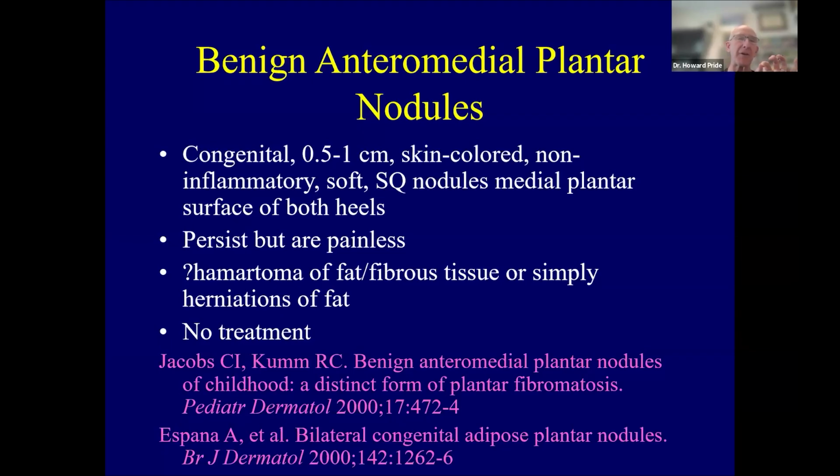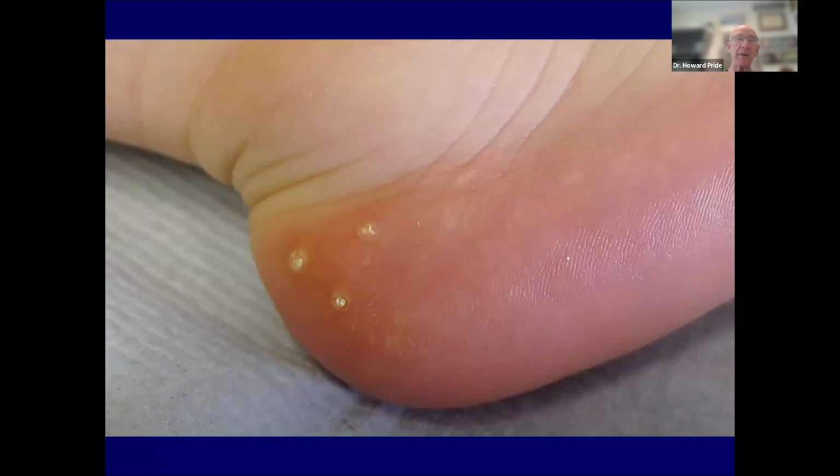So there's some thought that they're either hamartomatous, sort of abnormal or fat in an abnormal location, but I think more likely is they're herniations of the underlying fat through kind of a weak dermis, similar to a name you might have heard of, piezogenic papules, little bumps that come up from the side of the heel in adults that are kind of herniating through the subcutaneous tissue. Harmless as can be, don't require any treatment, and you just reassure parents and move on.